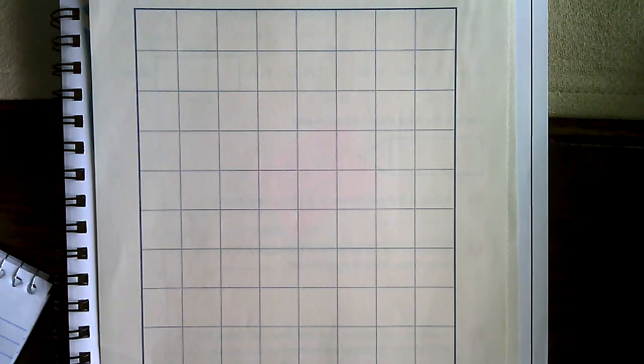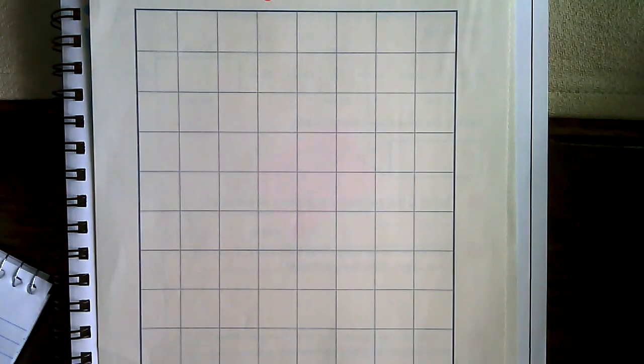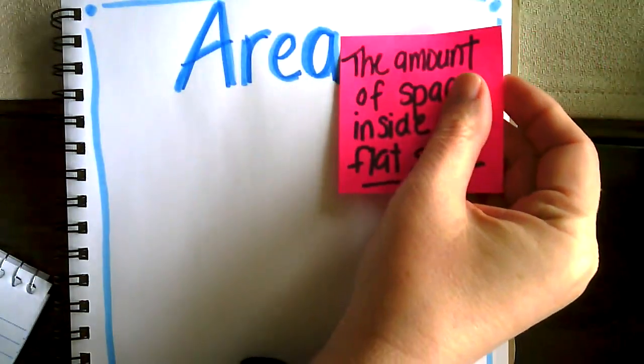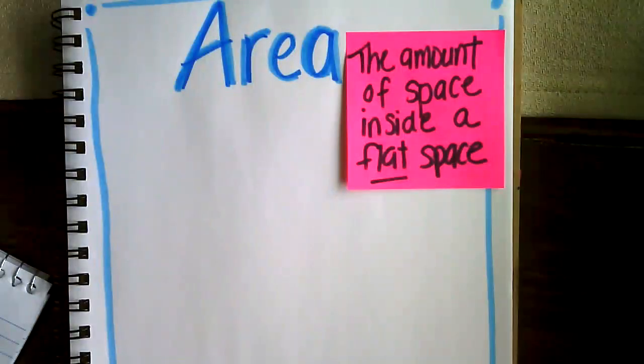You would need to know the measurement of that space so you don't buy a rug that's too small or too big. So when you want to measure the space inside a flat area, we say that's the area. You want to measure the area of that space.